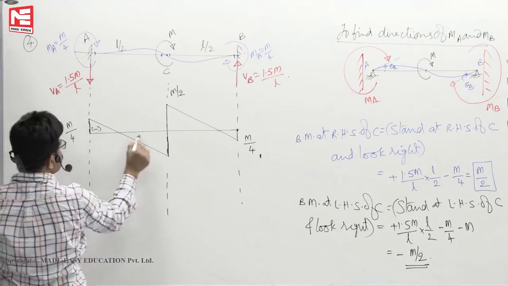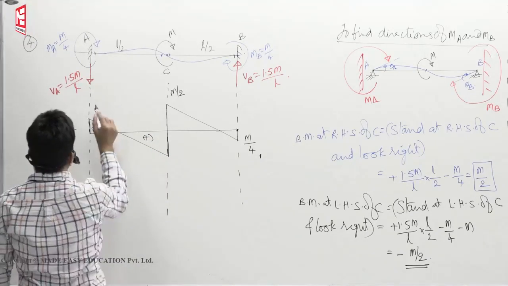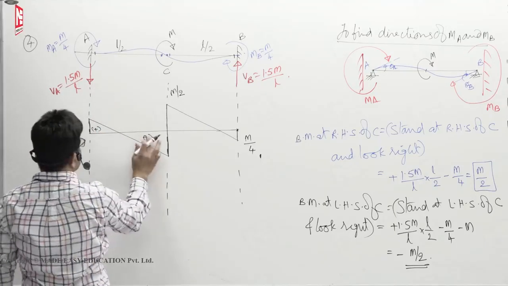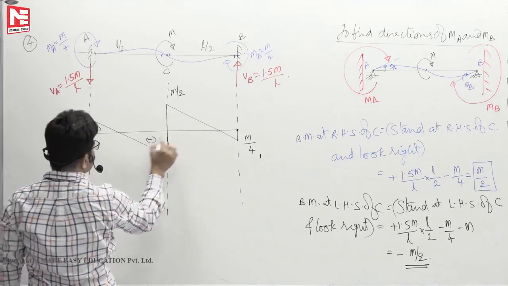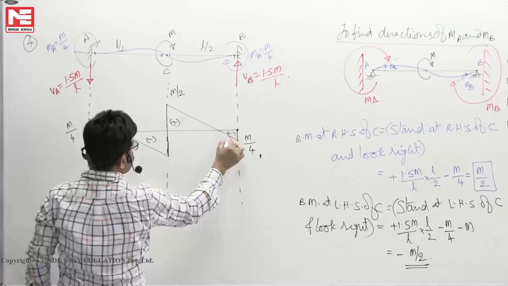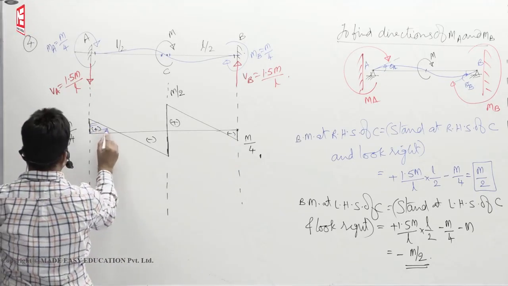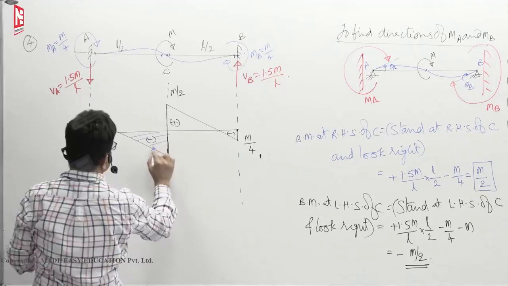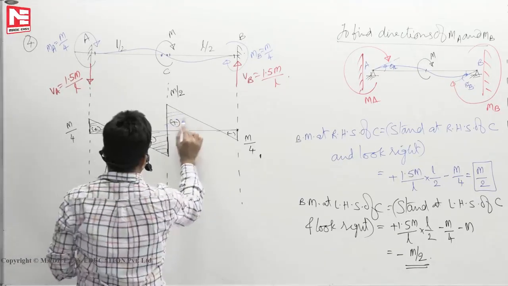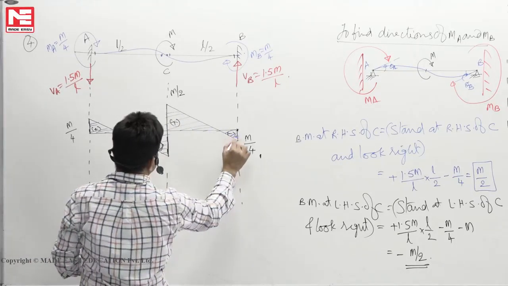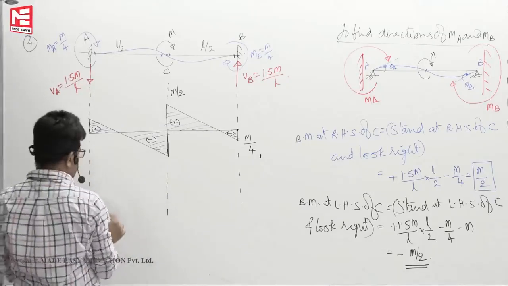This is minus, plus, this is plus, this is minus, plus, minus. Okay, this is your bending moment diagram.